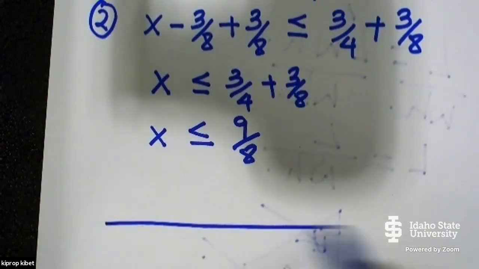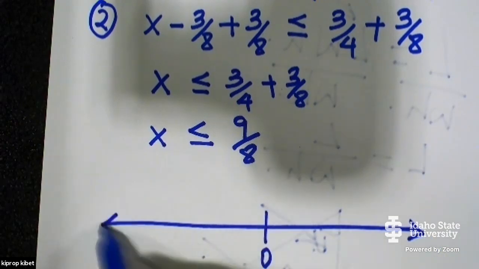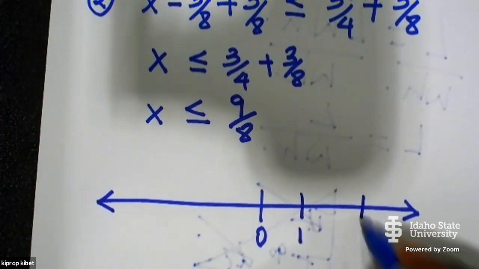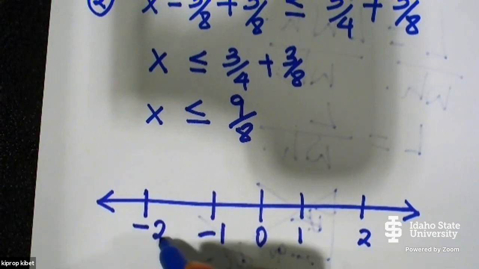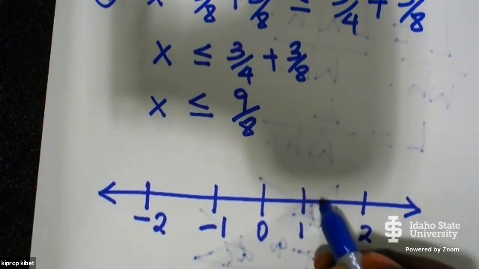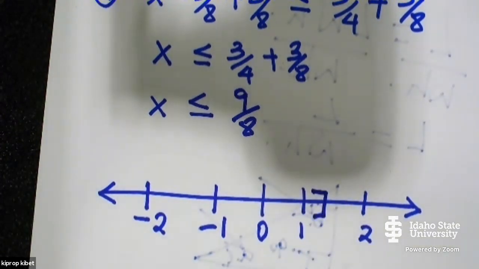So we represent this on the number line. You draw like that. This is 0, then 1, then 2 there, and -1, -2. So where is 9 over 8? Above 1, so it's likely here, right? Let's say there. And that one is closed, right? And then it goes to the what?